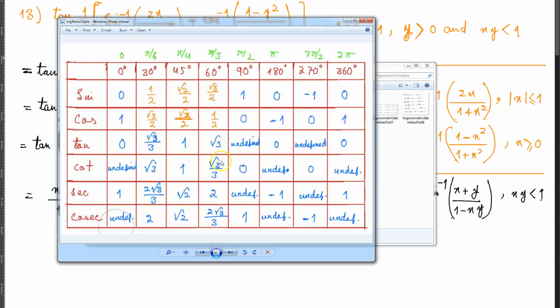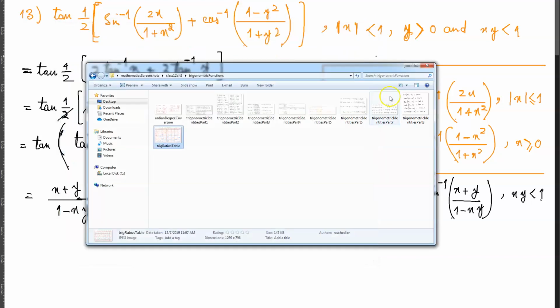And then there is a table which you already know everything about, meaning that if you know the main angles from 0 to 360 degrees, their sine and cos, then whenever you need, you can calculate all the other trigonometric ratios related to these angles.